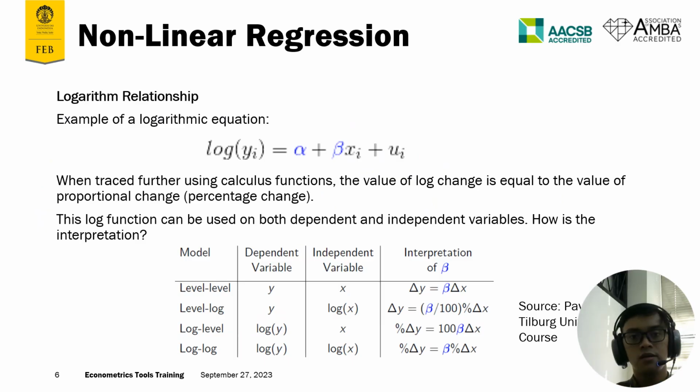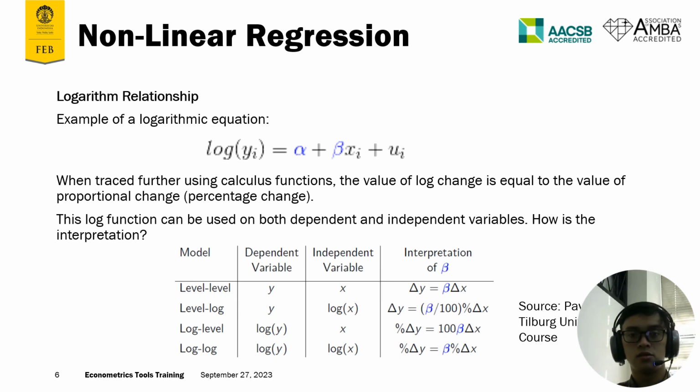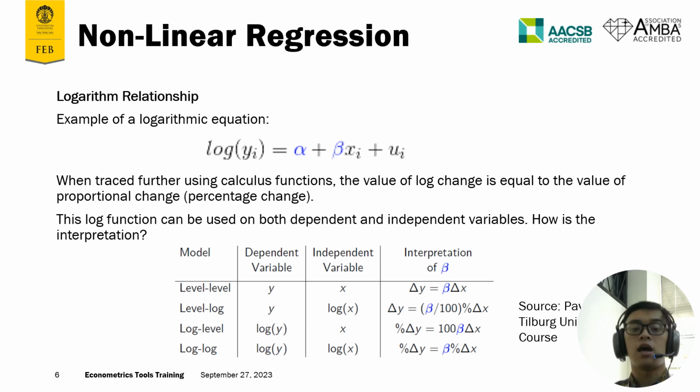Okay, the second one is about the logarithm relationship. This is also a nonlinear regression, where previously we talked about the quadratic relationship. Here we use the logarithm, and as you know, we can use the logarithm not just on the independent variable but also on the dependent variable.